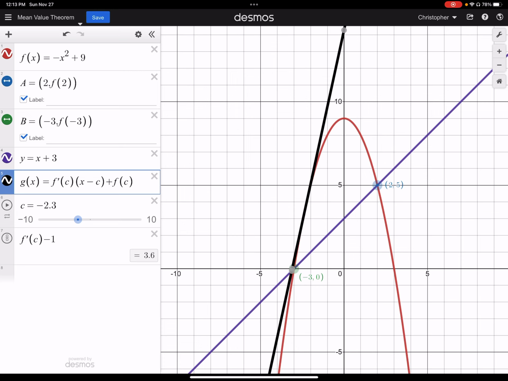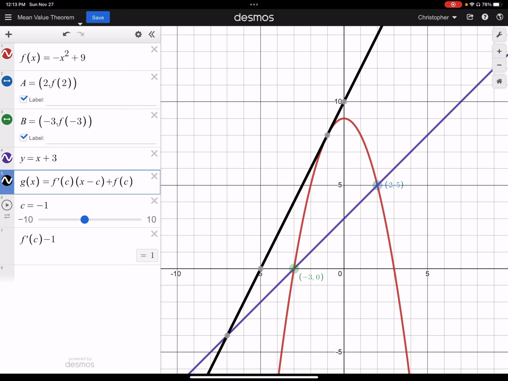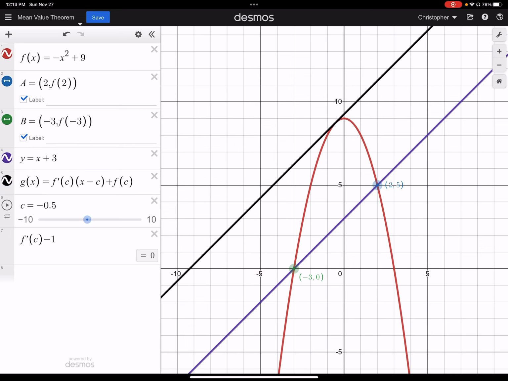So when we move our slider, what we see is that at x equals -1/2, the slope at c, which is the slope of this tangent line here, is also 1.